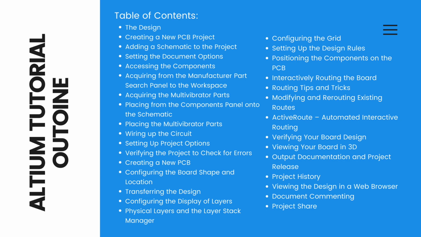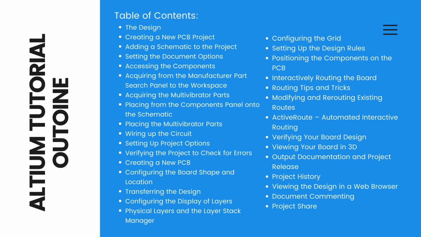Then we'll tackle setting the document options, as well as accessing the components, acquiring from the manufacturer part search panel to the workspace, and acquiring the multi-vibrator parts, as well as placing the components panel onto the schematic. We'll also go over placing the multi-vibrator parts, wiring up the circuit, setting up the project's options, and verifying the project to check for errors.